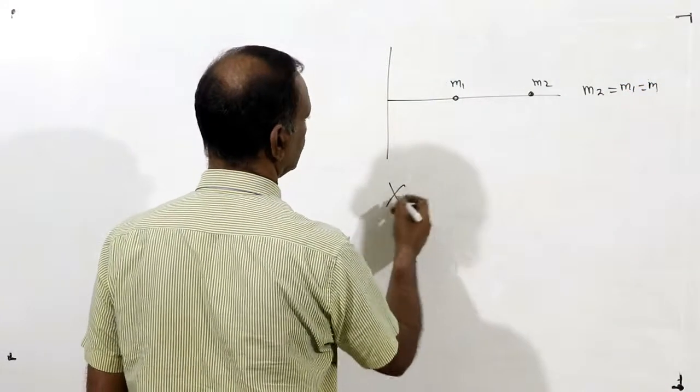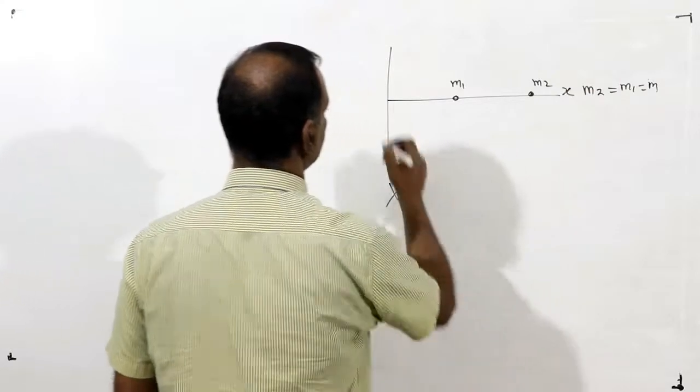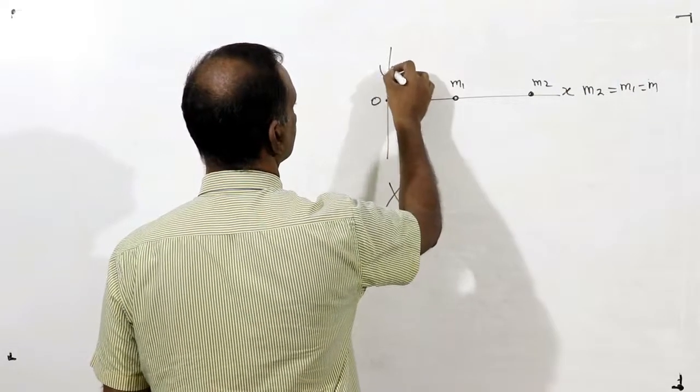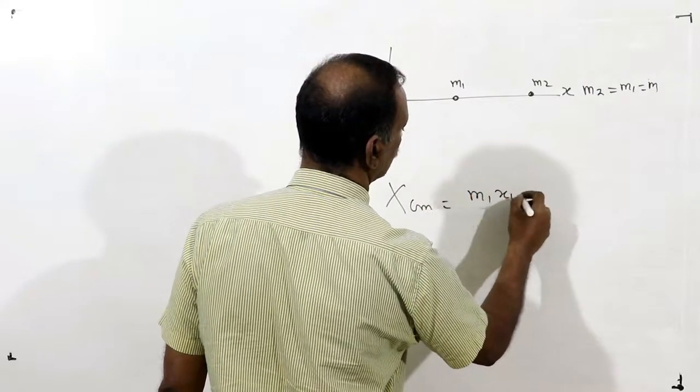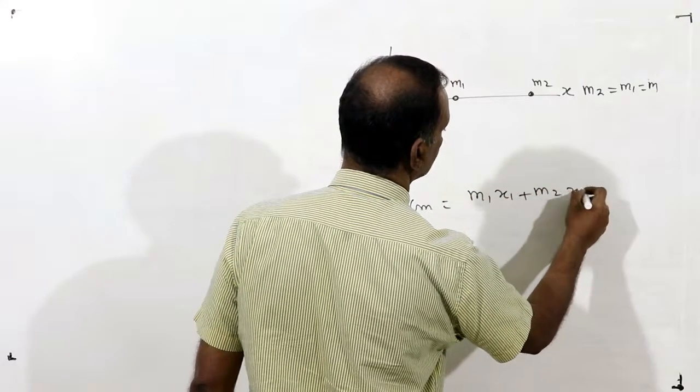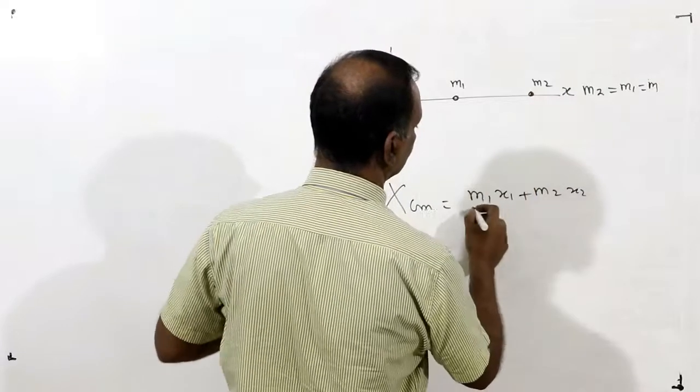So, situated on the x-axis, X_CM is equal to M1 x1 plus M2 x2 divided by M1 plus M2, where this is x1 and this is x2.